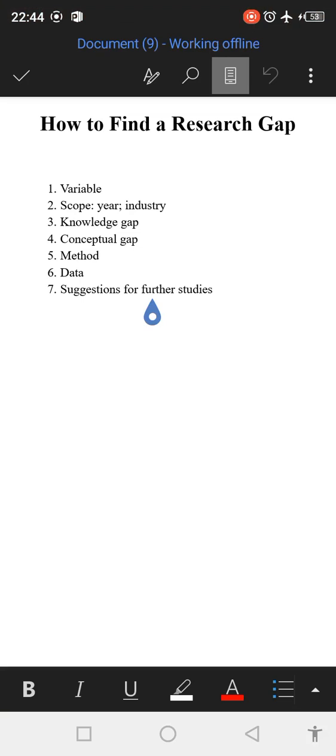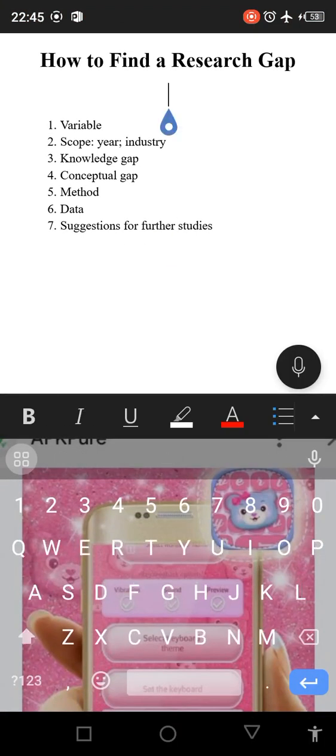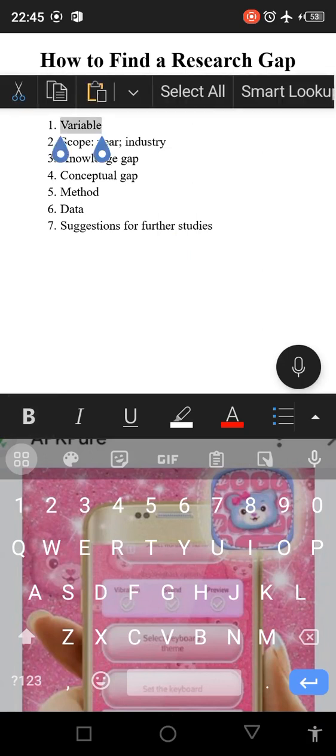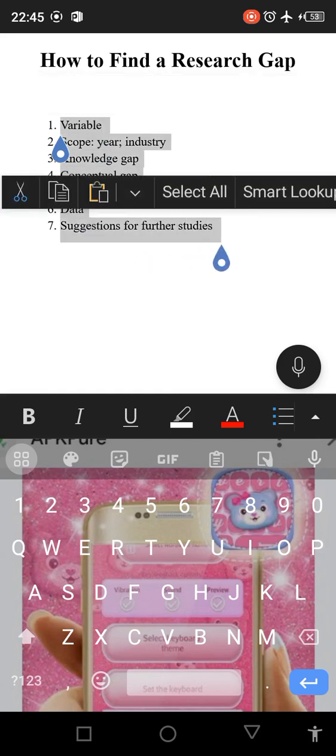The first way we can find the gap inside our literature is through the variables used inside the literature. If you could recall in the formats of literature mapping that I gave in the earlier videos, it consists of all these things that are being highlighted here.